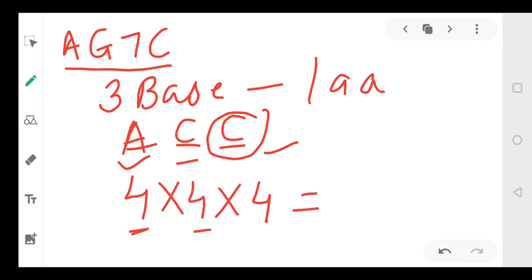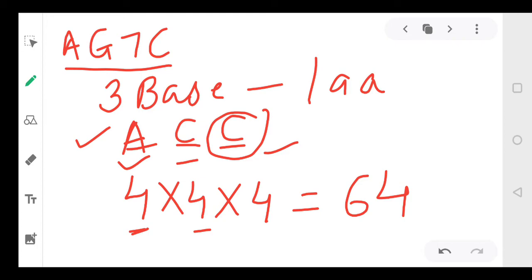So in total, just multiply this: 4 into 4 into 4, how many? 64 combinations, right? So as per George Gamow, he said 3 bases need to be present to code for one amino acid.